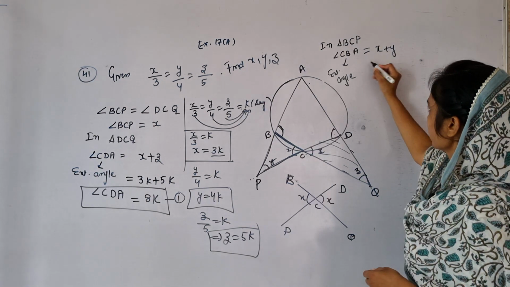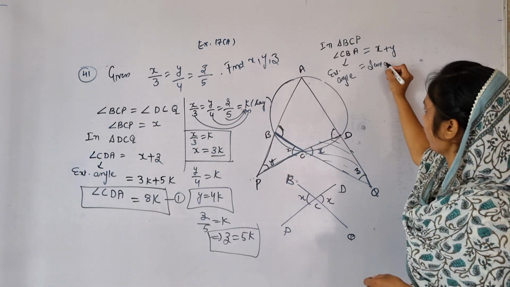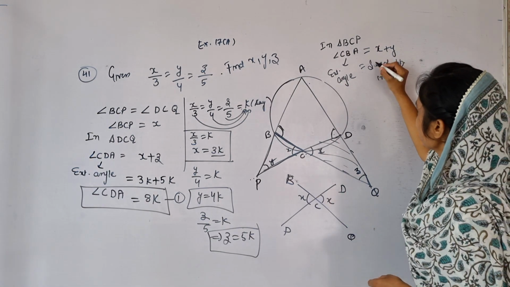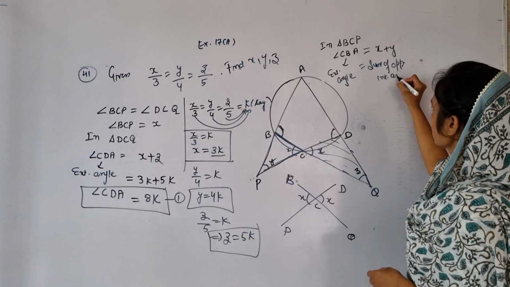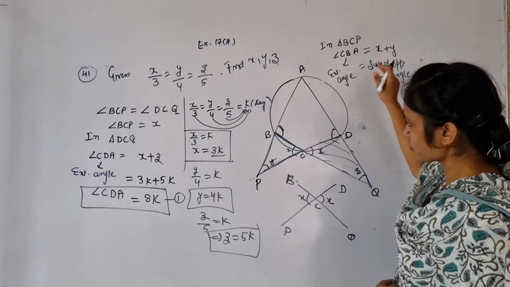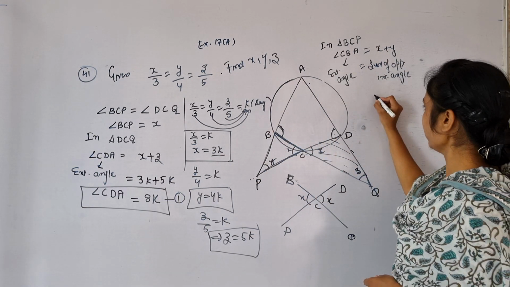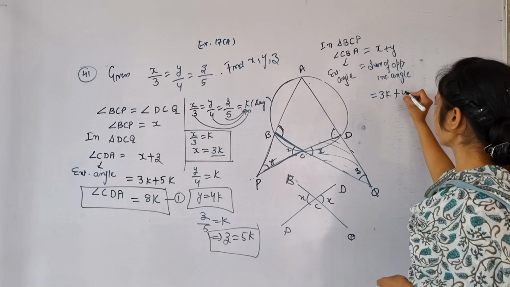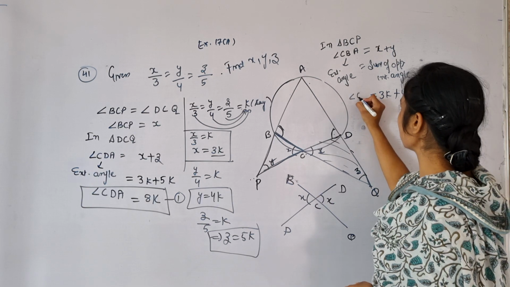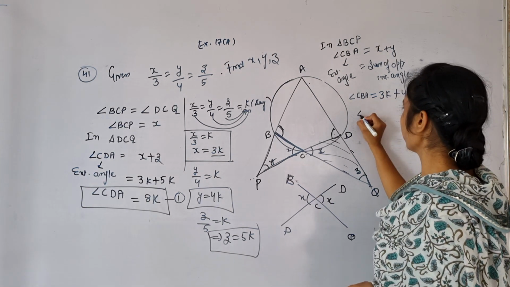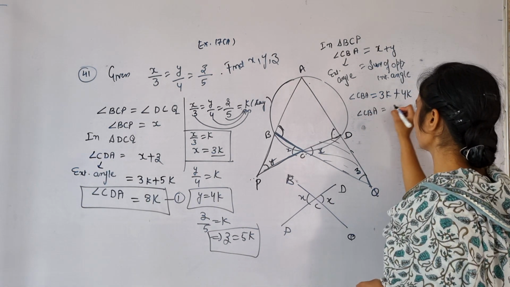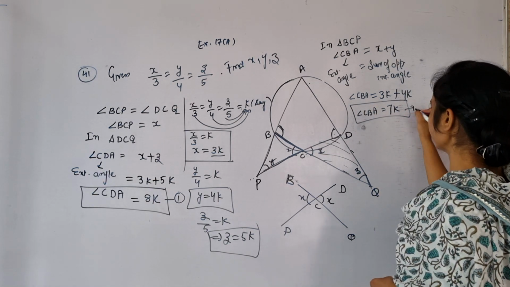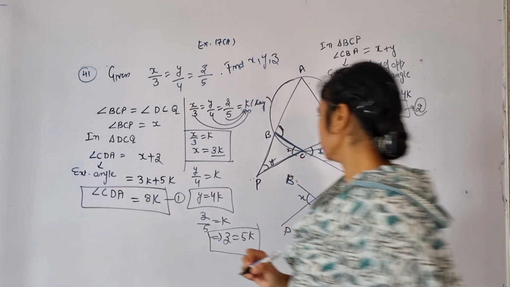Okay, is equal to sum of opposite interior angles. Okay, similarly here use the values of x and y. X is given by 3k and y is 4k, means angle CBA will be equal to 7k. Okay, write it as equation number 2.